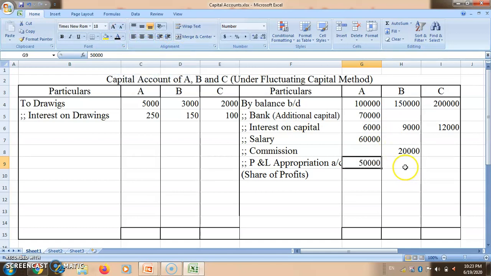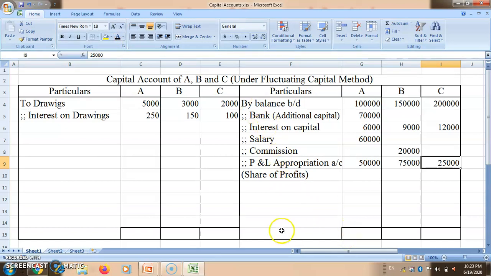So for A, 2 by 6 of 1,50,000 is equal to 50,000. For B, it is 75,000. And for C, it is how much? 1,50,000 into 1 by 6, 25,000. So these are the things.